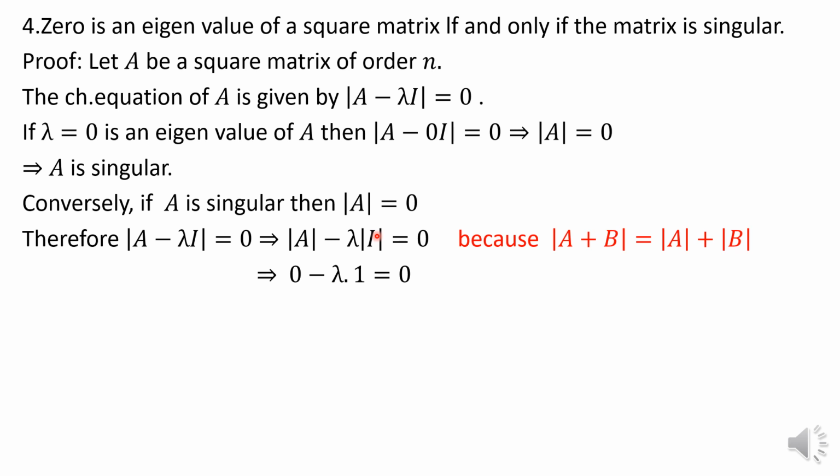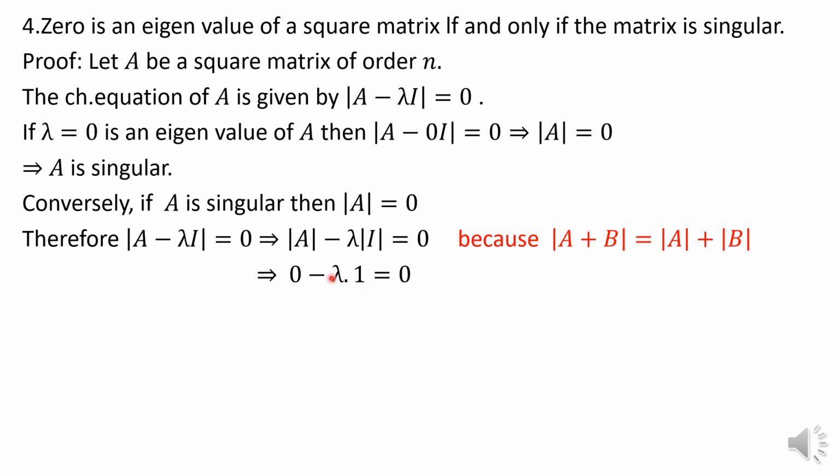You should remember that. So in place of the determinant of I, I have written 1 here. So in the LHS we get 0 minus lambda into 1. Lambda into 1 is lambda, so we get 0 minus lambda, which is minus lambda.